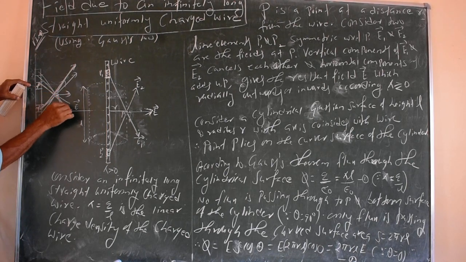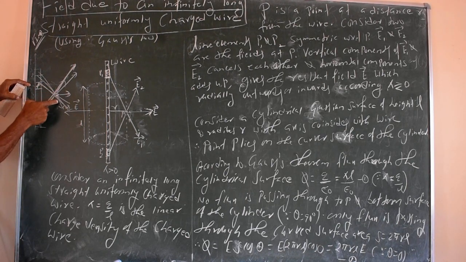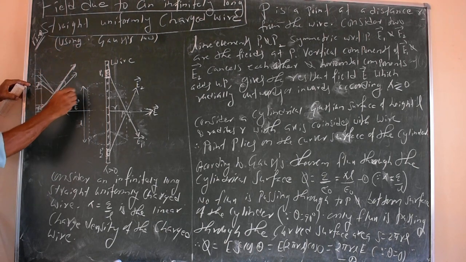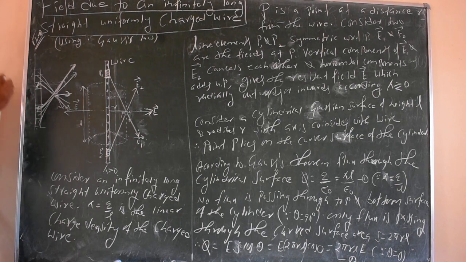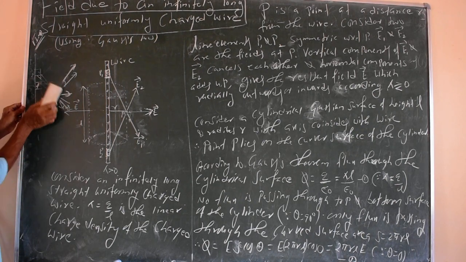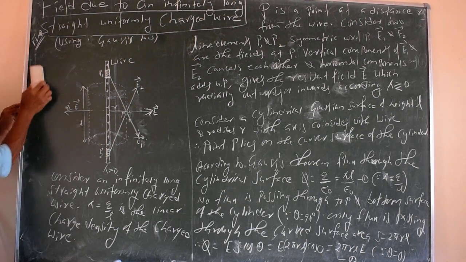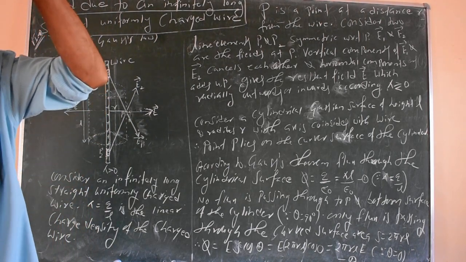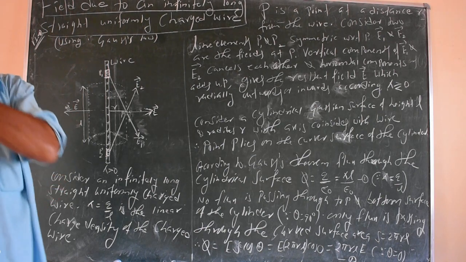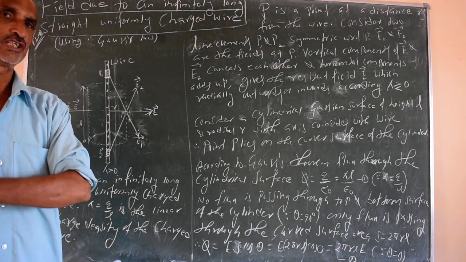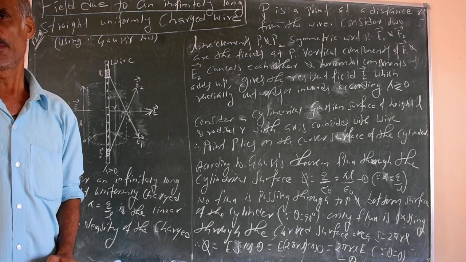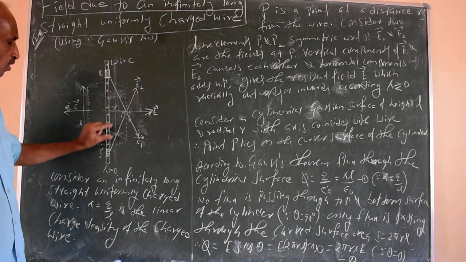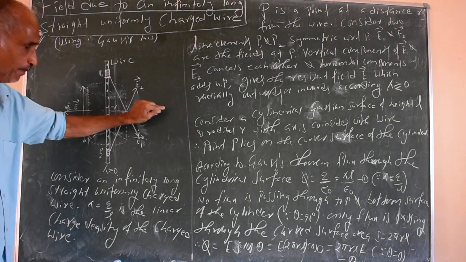And these are the two fields E1 bar and E2 bar due to P1 and P2. Vertical components cancel each other, horizontal components add up and give the resultant field in the same direction like that. Every pair of symmetric line segments produces a field at the point P. Their vertical components cancel and horizontal components add up to give the resultant field E bar at the point P. All horizontal components of all the line elements are in the same direction.